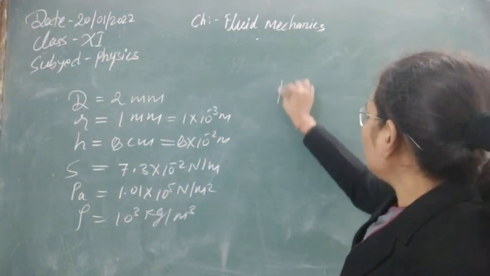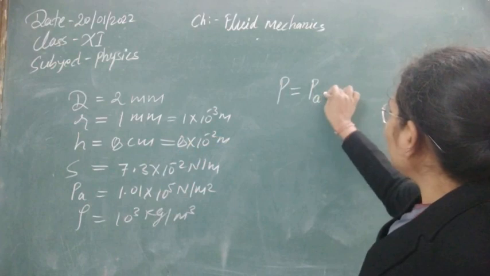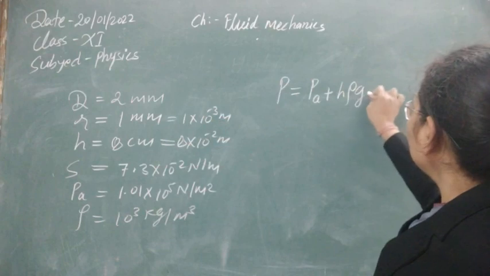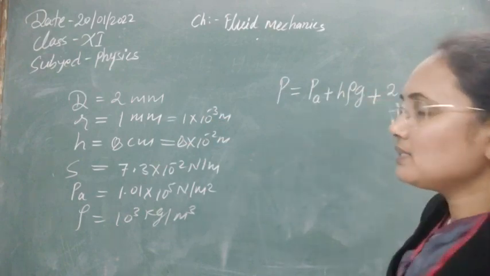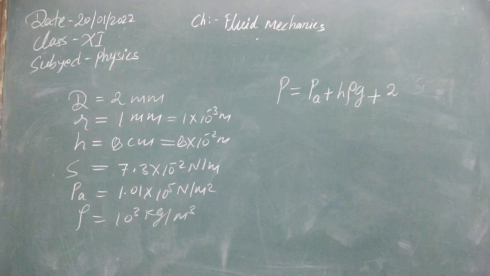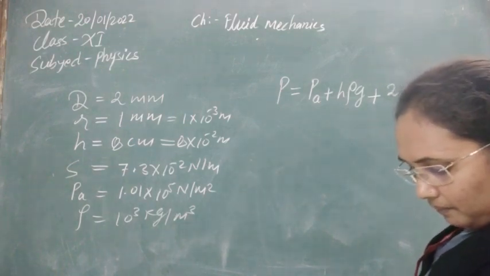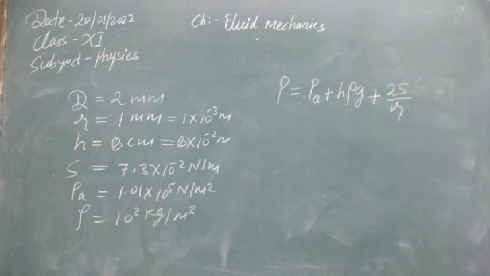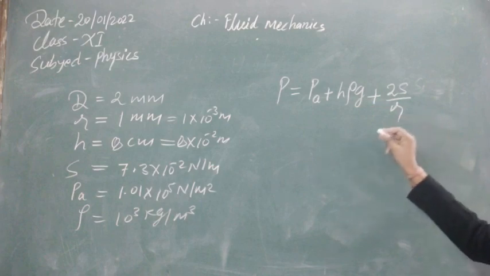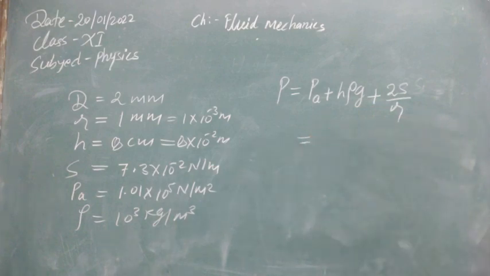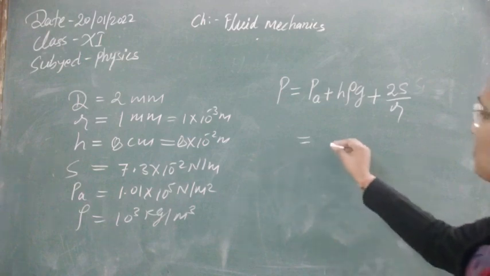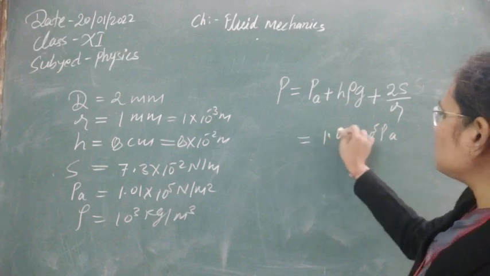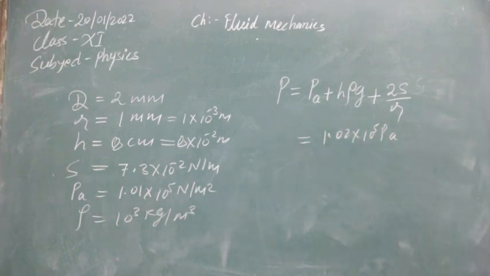At that point, pressure will be equal to atmospheric pressure plus the pressure variation due to depth, that is rho g h, plus the excess pressure inside the bubble, that is 2S by R. Now put in all the values given here, and if you calculate the value of P, it is obtained as 1.02 into 10 to the power 5 Pascal. So it is the pressure at that point, which is not varying much here.